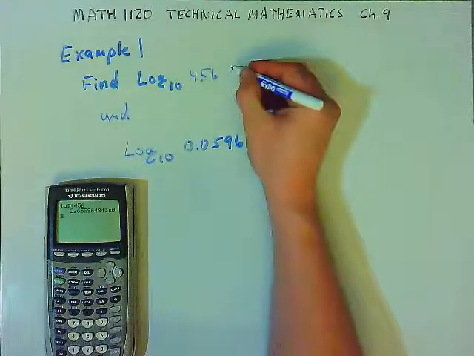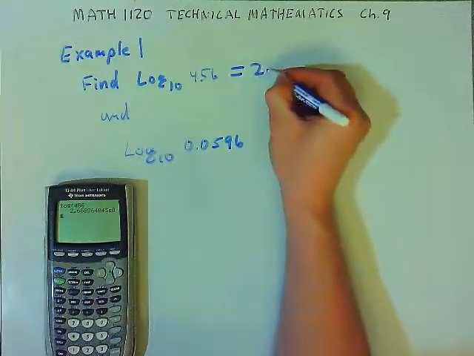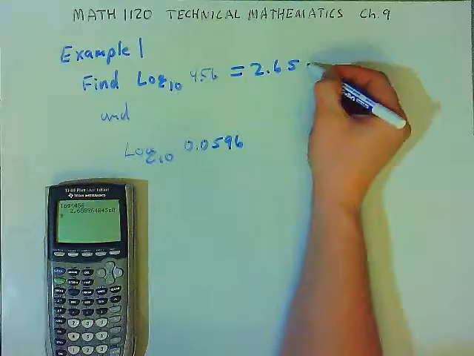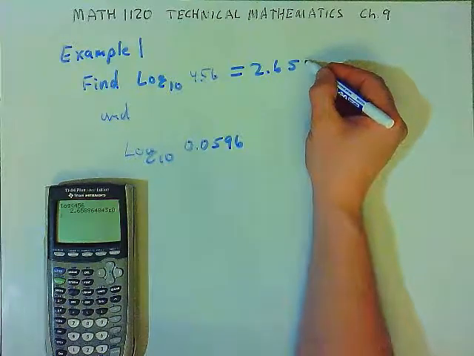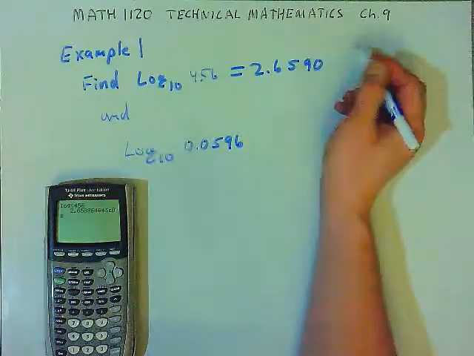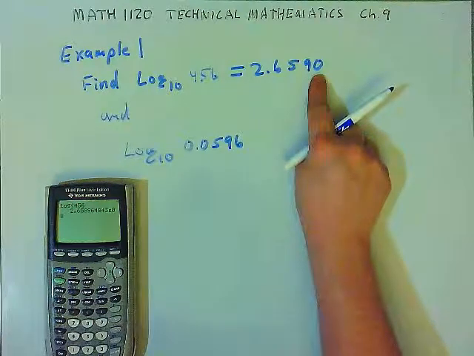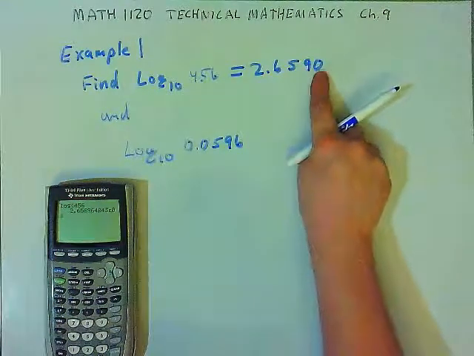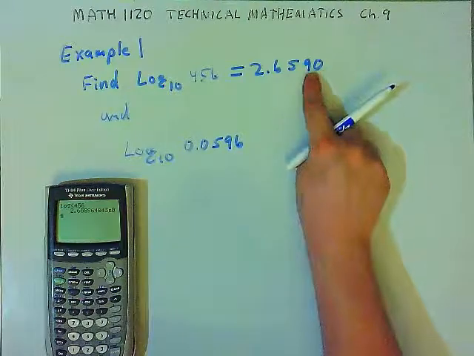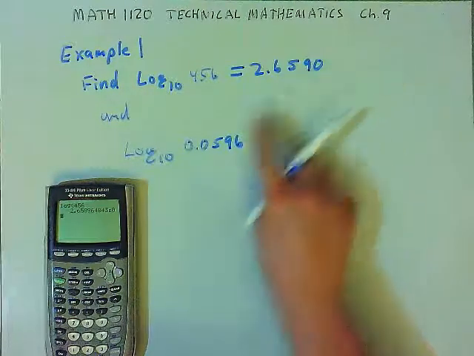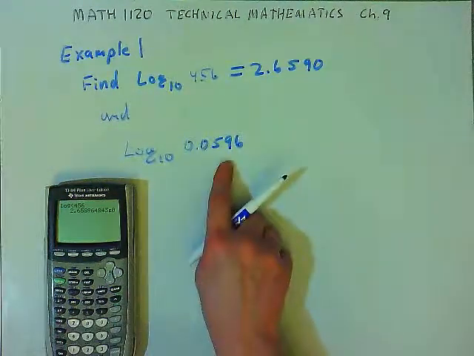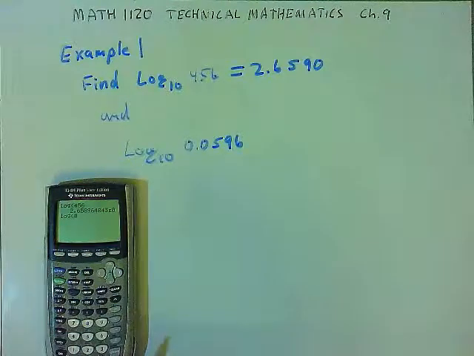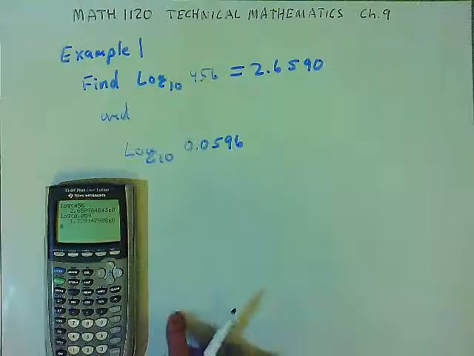Your calculator should say, I hope, 2.65896, which is going to round to 2.6590. I'm rounding to the fourth decimal place. It was 896. The 6 rounded the 9 up to a 10, which turned the 8 into a 9. For log base 10 of 0.0596, I'll hit the log button again, type 0.0596, and press equals.